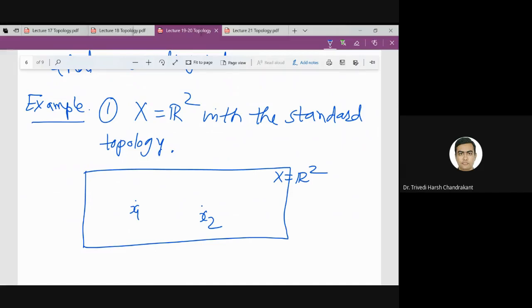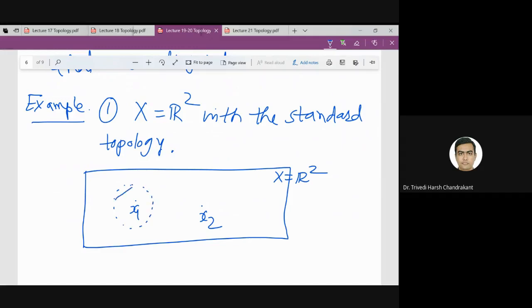So is it true that I can always find two open sets, one which contains x1 and one which contains x2, and these two open sets are disjoint? Yes, it is possible. What open set will we take? We can take rectangular or circular regions, so basically we can take the disk, the basic open sets.